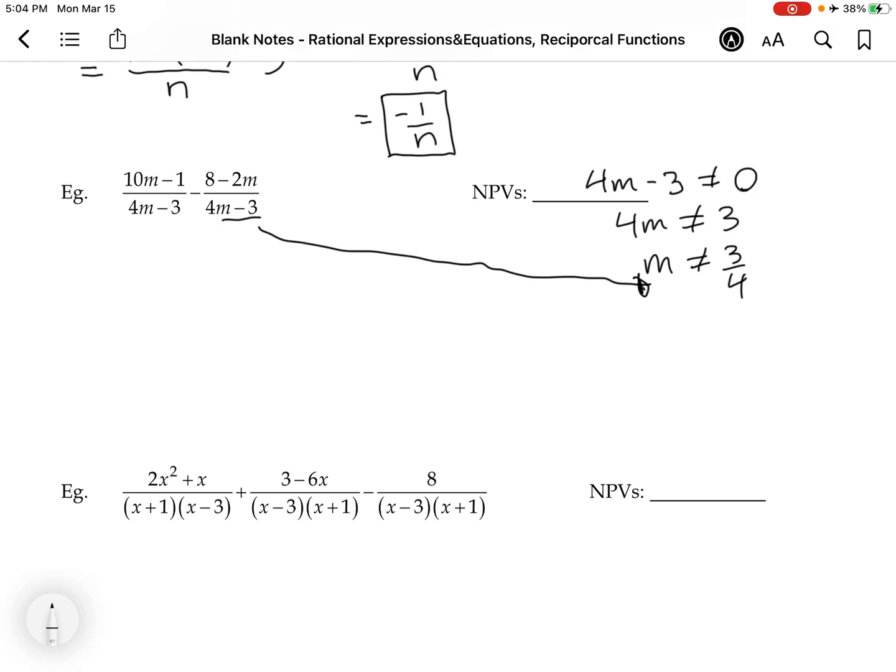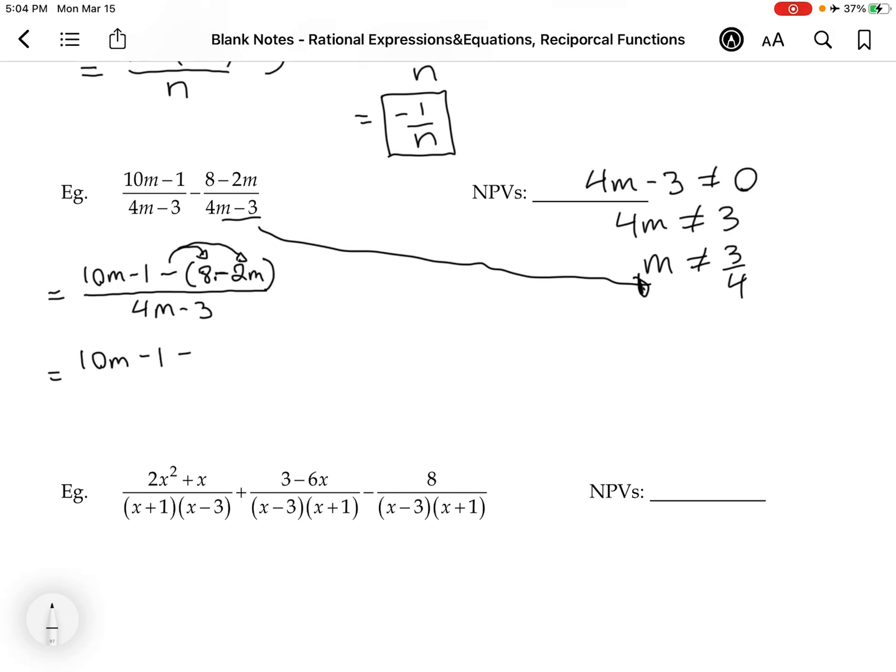Okay? All right, now I am going to, just like I did above, because I'm dealing with subtraction here, take the extra step of writing this as a single rational expression. And I'm going to have 10m minus 1 minus 8 minus 2m. And then this negative sign has to be distributed into both terms in the second bracket. Okay, so let's see what we're going to get.